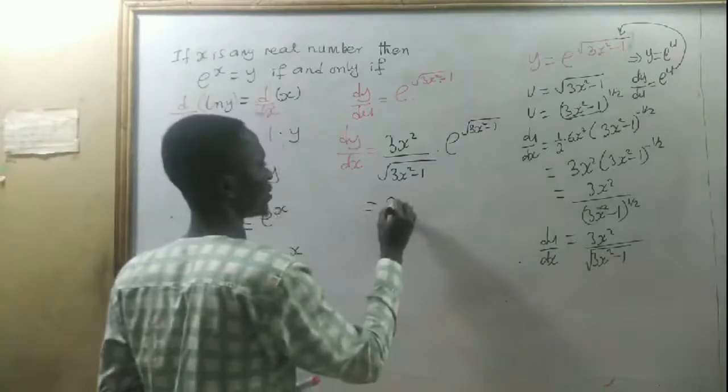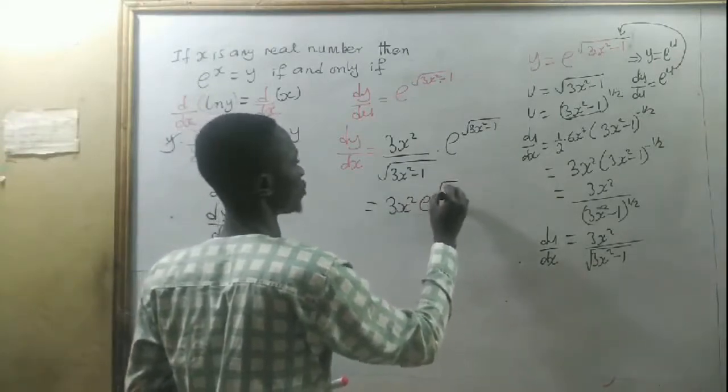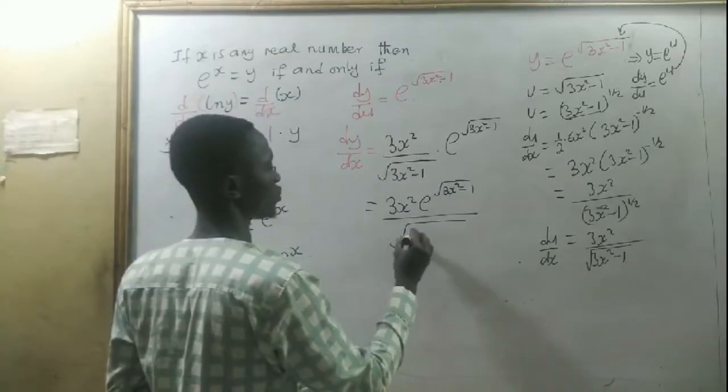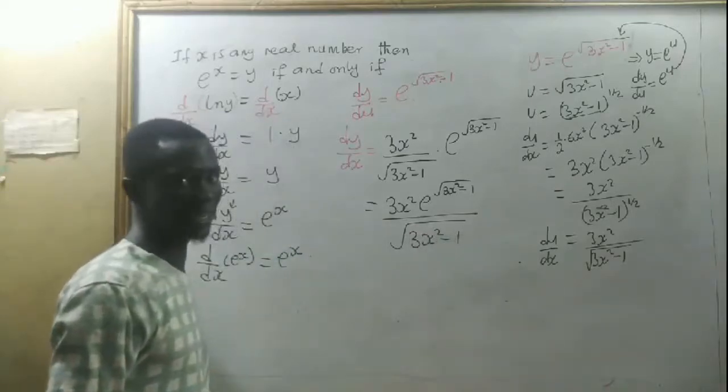And this will give us 3x squared e to the power square root of 3x squared minus 1, all divided by the square root of 3x squared minus 1 as our final answer.